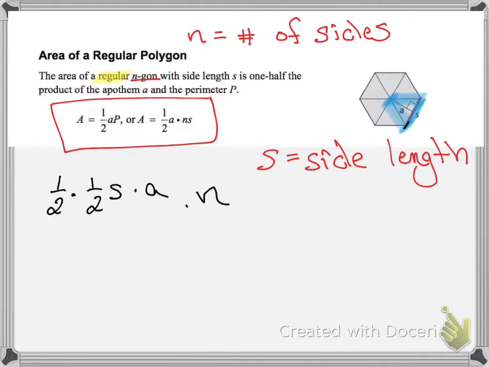The s is just taking into consideration the distance all the way around. So that's where the p comes from. I would need to take 1/2 the apothem, the height there, times the perimeter, because the perimeter comes from n times s.